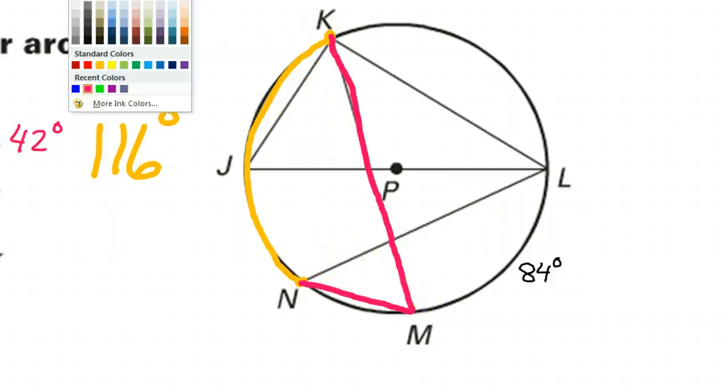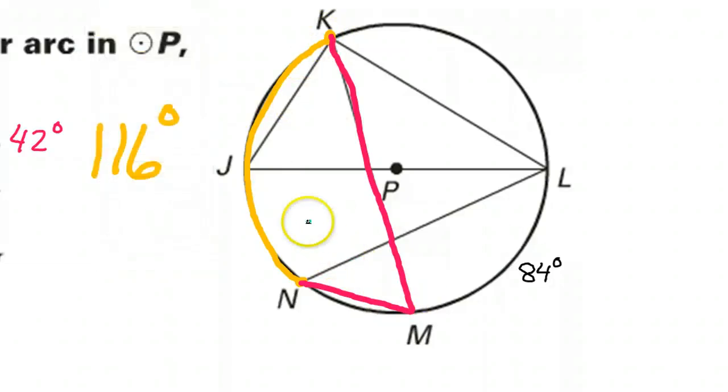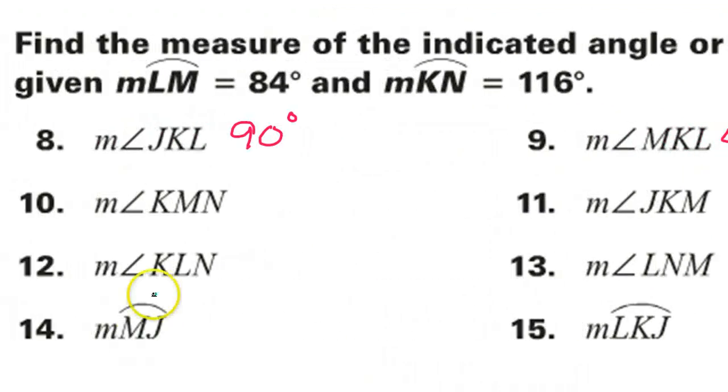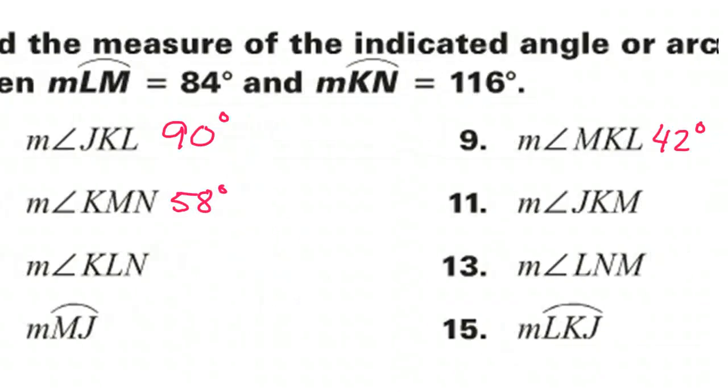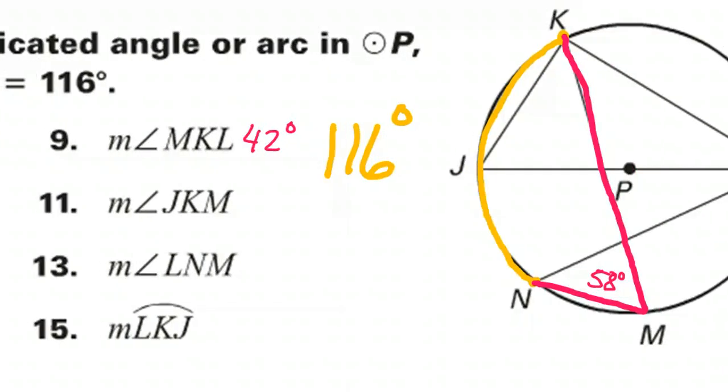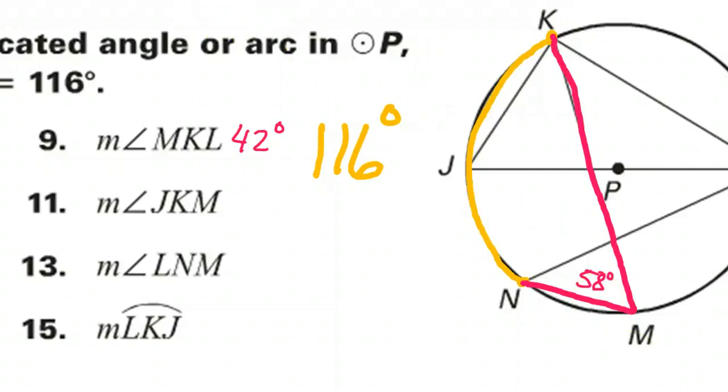So the inscribed angle here should be half. So this is 58 degrees, because half of 100 is 50 and half of 16 is 8. That is the answer to number 10: 58 degrees. I'm telling you, it's like a puzzle. It's like Sudoku. I don't even know what it's called, but this is fun, you know what I'm talking about. Angle JKM.